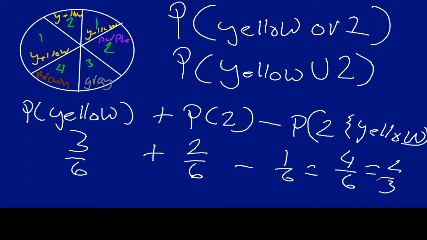Now, with this, I want to share with you the actual formula that I use to get this. So here's a generic formula. The probability of E, excuse me, I wrote that backwards.